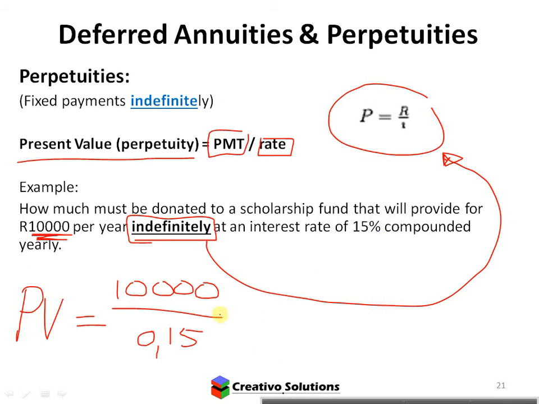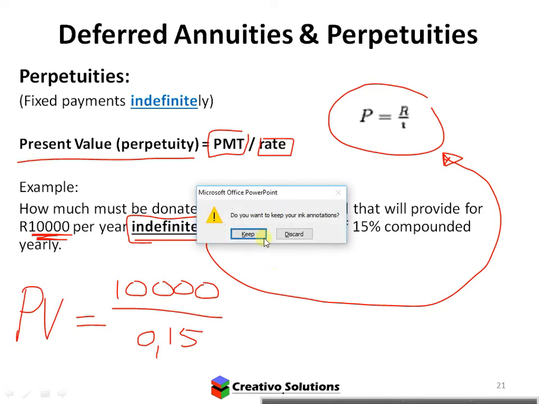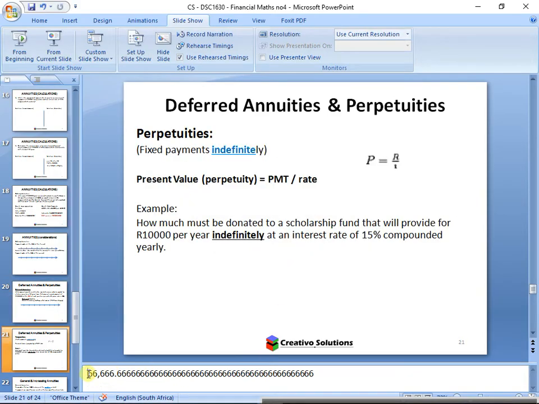Perpetuity means payments over rate. So this one is literally payment divided by interest. That's it, simple as that. No time value of money, no present valuing and all of that. $66,666, correct.